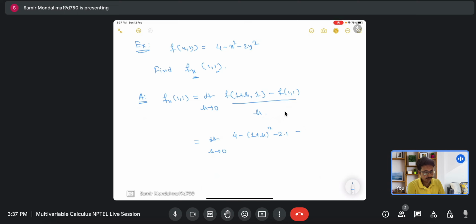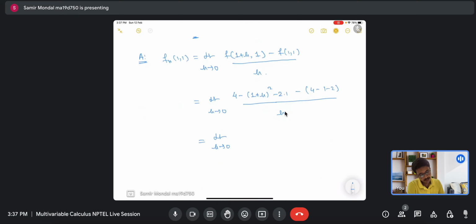Minus f of (1, 1), which is 4 minus 1 minus 2, divided by h. So what we are getting is 2 minus 2h minus h square, and the constants cancel to 0.